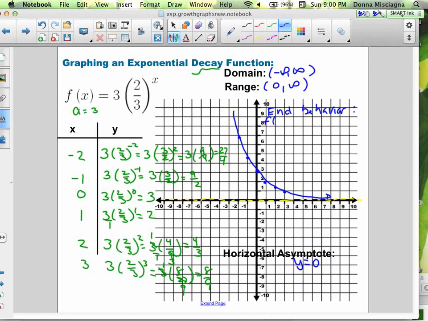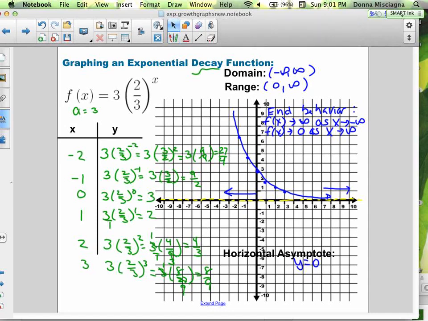For these, as we're approaching negative infinity, our graph is approaching infinity. So f of x approaches infinity as x approaches negative infinity, because as x gets smaller, our function's getting bigger. And f of x approaches 0 as x approaches infinity. As x gets larger, our graph is headed to 0, and it will not cross. No way, no how.